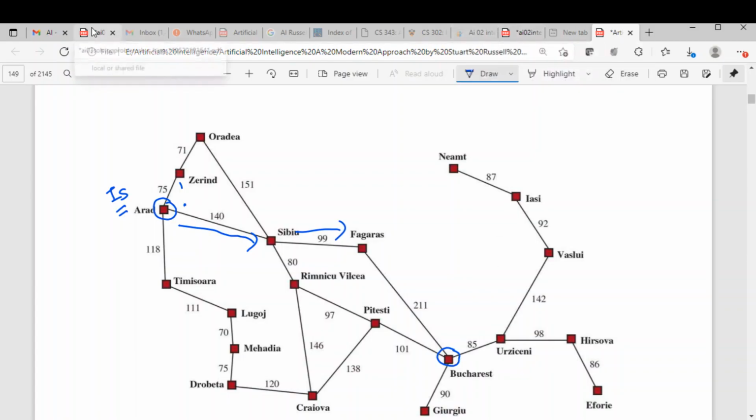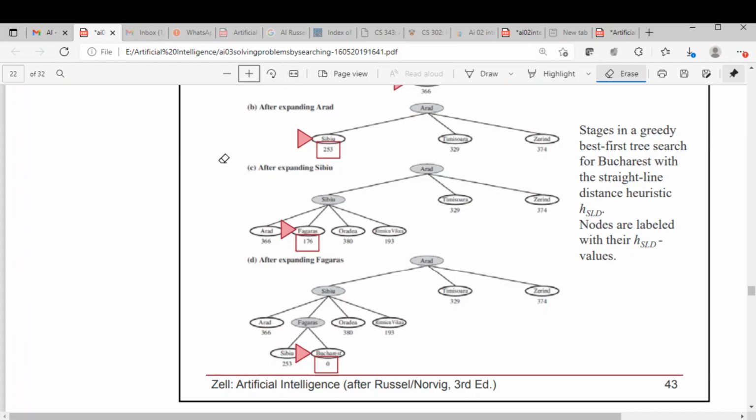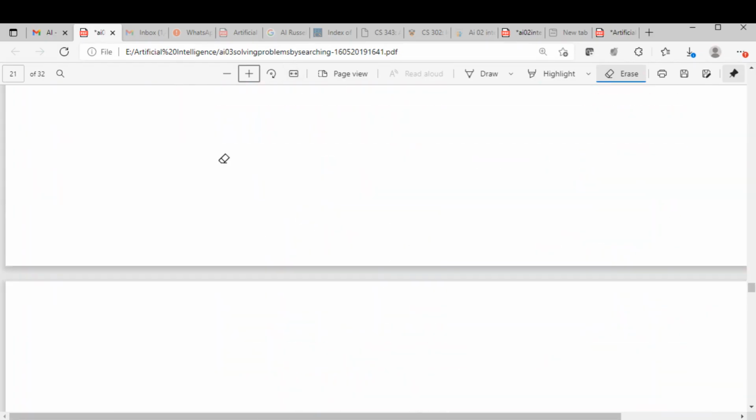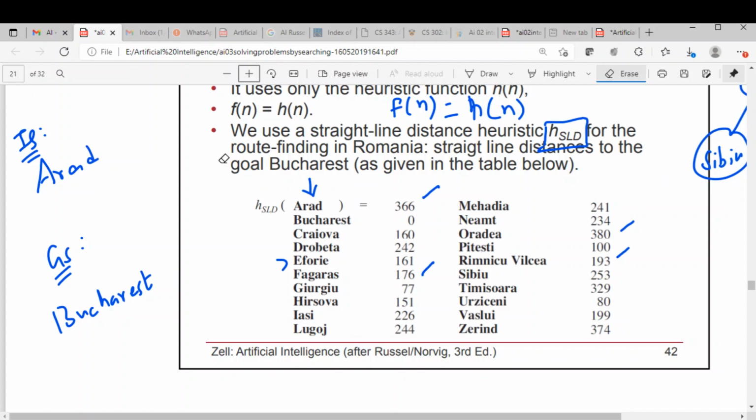So what's the cost of reaching Bucharest from Sibiu? What is the straight line cost, or the heuristic cost, or the estimate of reaching Bucharest from Sibiu?